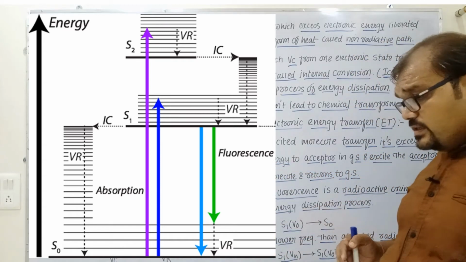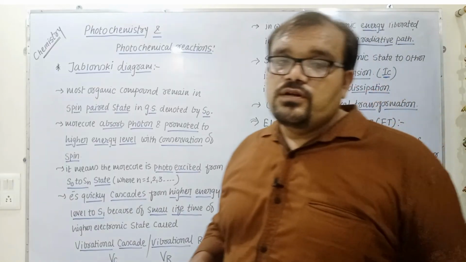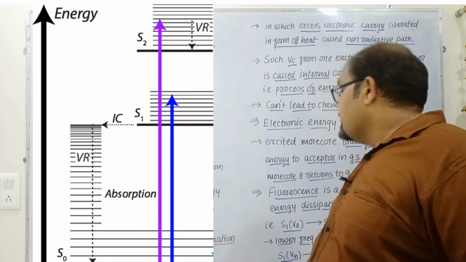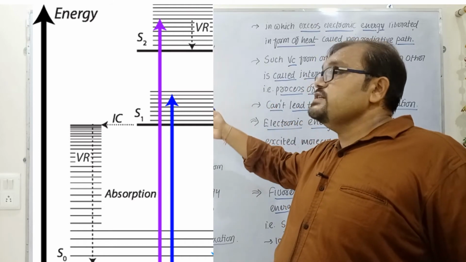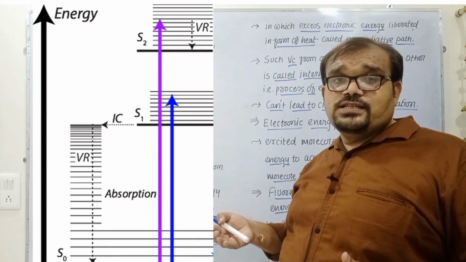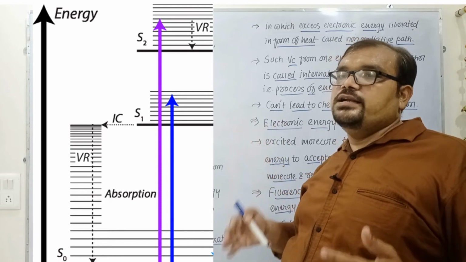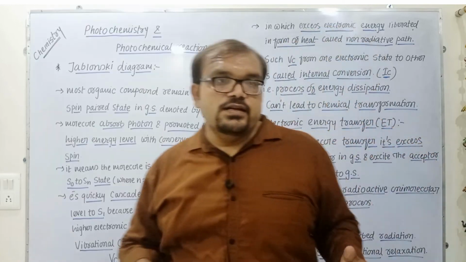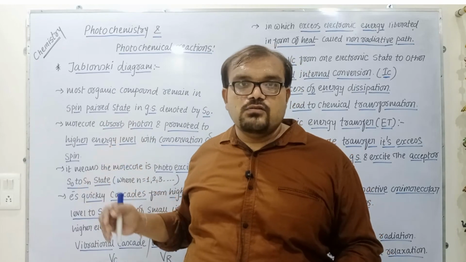Also, this is at a lower frequency than the absorbed radiation, and also, as we have discussed, S1Vn to S1V0, as we can see here, again is a loss of energy in the form of heat, which is a non-radiative path, and it is known as vibrational relaxation or vibrational cascade, as we can see here in theory as well as in the chart.